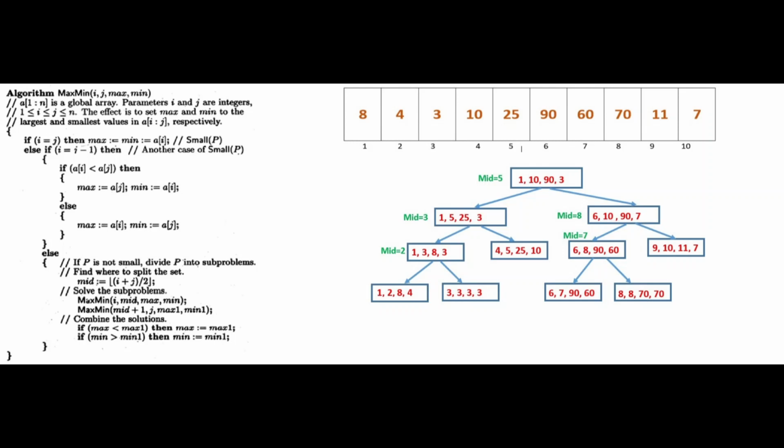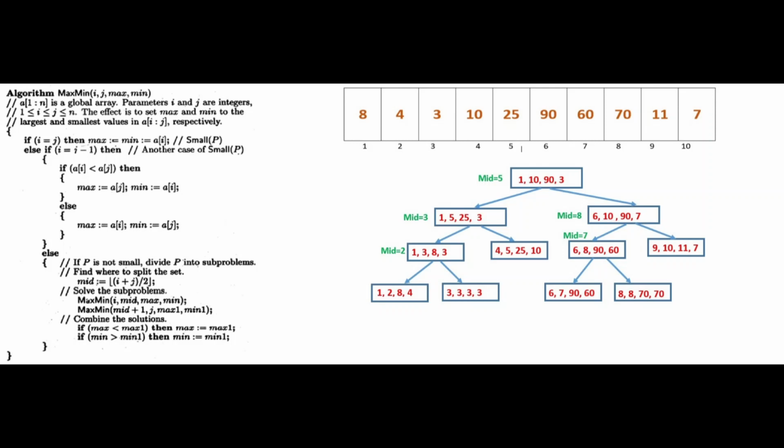Look at the node with mid equal to 3. From a of 1 to 5, array index from 1 to 5, the largest value is 25 and the smallest value is 3. Look at the node with mid equal to 8.